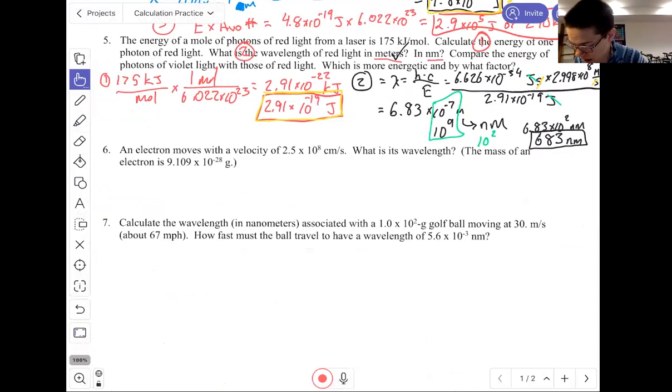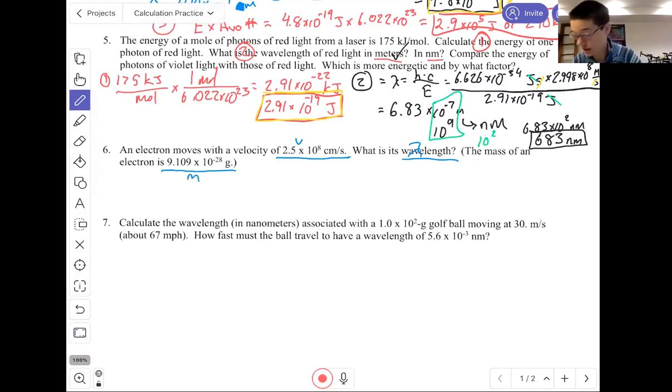So question 6 says, an electron moves with a velocity of 2.5 times 10 to the 8th centimeters per second. So that is the V of that formula. What is its wavelength? So it's asking for that lambda. And it says the mass of an electron is 9.109 times 10 to the negative 28th grams.